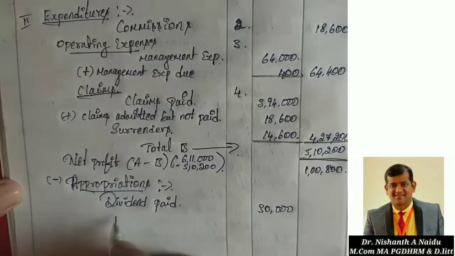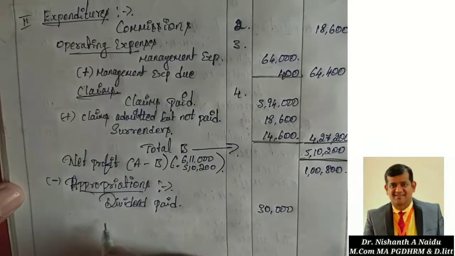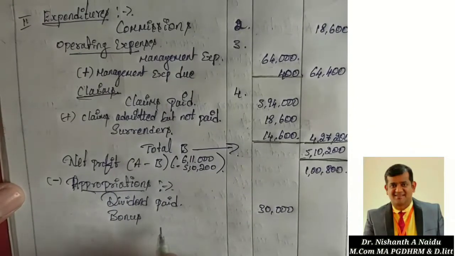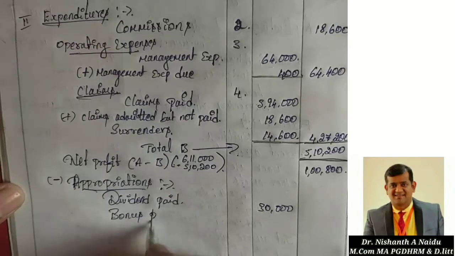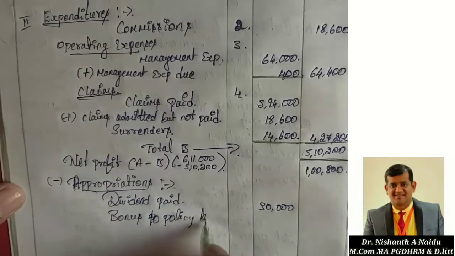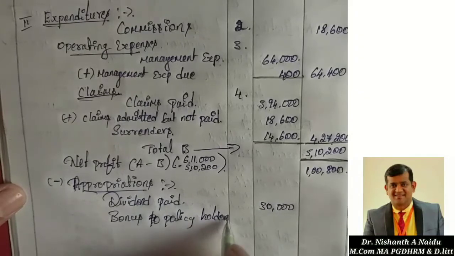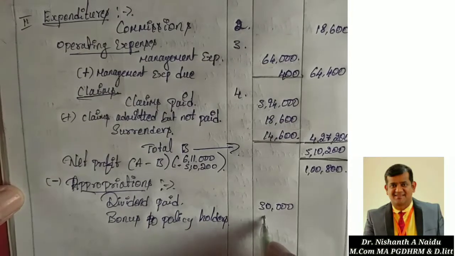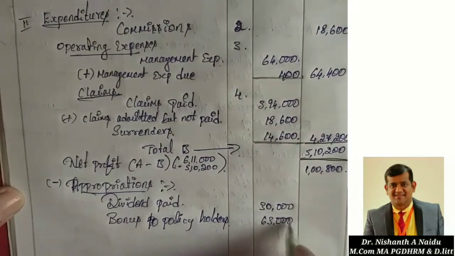Then you have bonus to policyholders. So that is also an appropriation. How much is the bonus to policyholders? 63,000 rupees, fourth item in your trial balance.